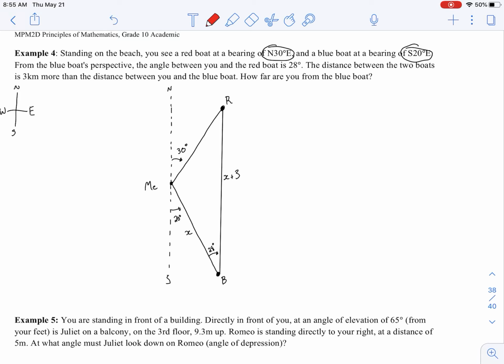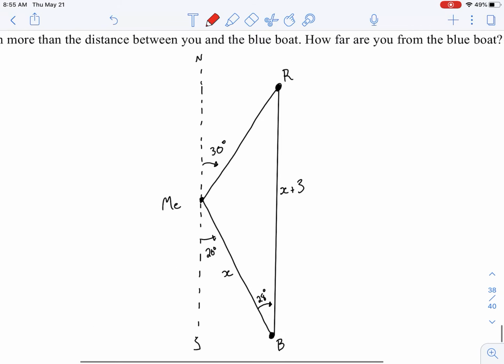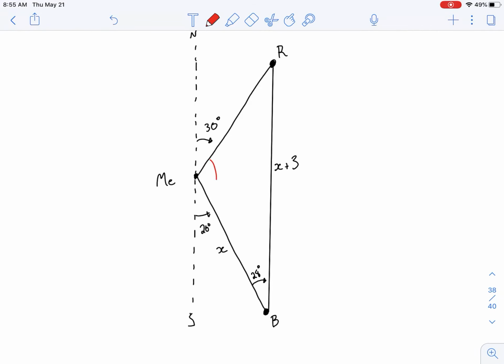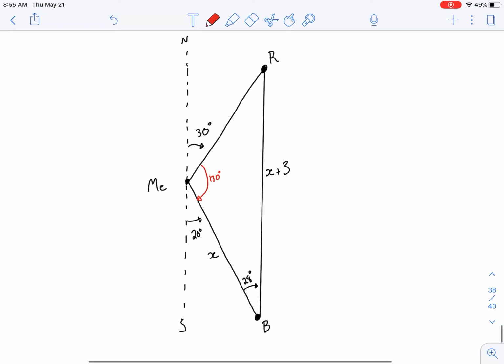Of course, we can do a bit of extra calculation. We can say, okay, well, we know from north to south is 180 degrees, so if you take off 30, it's 150, take off another 20, this angle measurement must be 130 degrees.